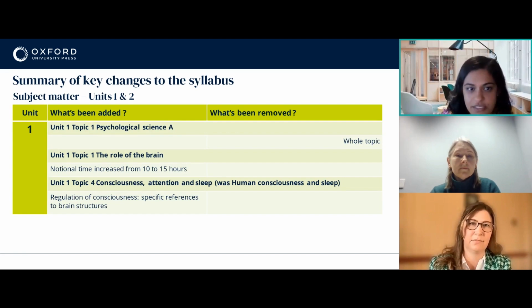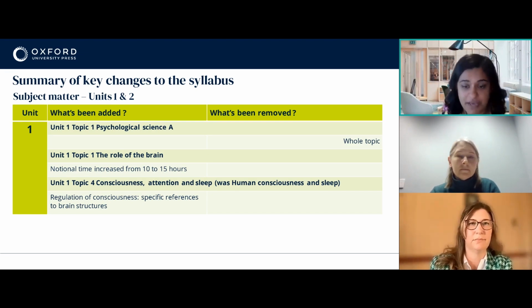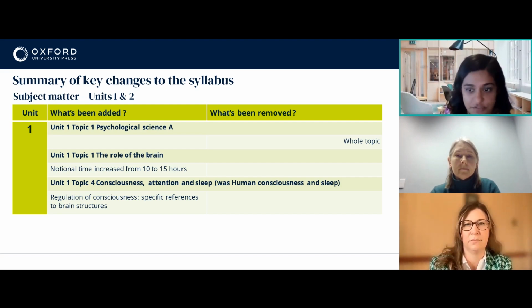So Unit 1, the key changes here, I'm just having a look, sorry. The psychological science topics have been removed, and that has kind of triggered the numbering of the other topics to be shifted.